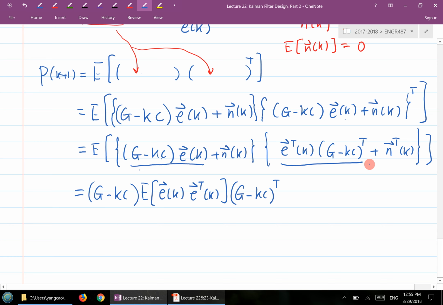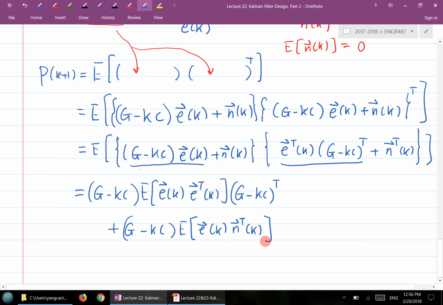So now let's see what happens if we use this term multiplied by this N transpose here. This is still a constant, so that becomes (G minus KC) times the expected value of E multiplied by N transpose.